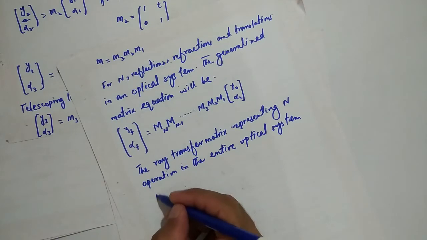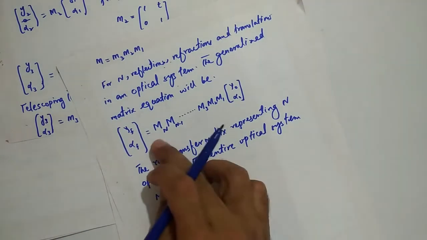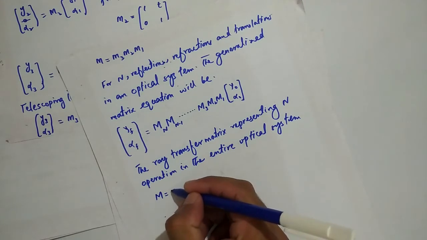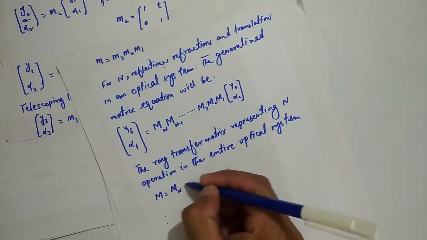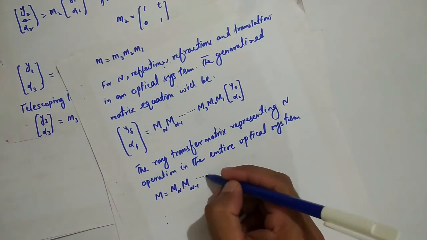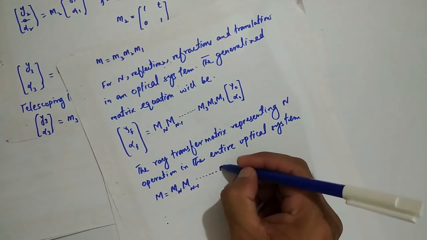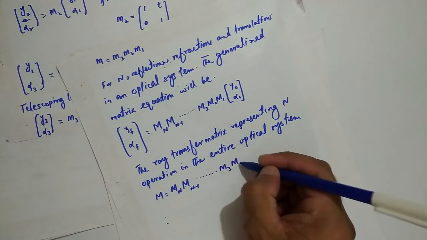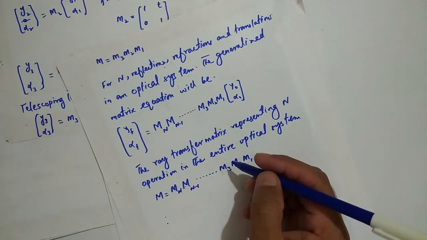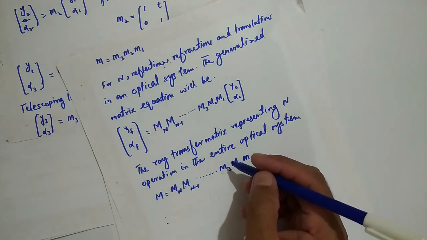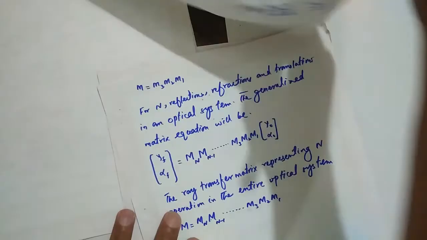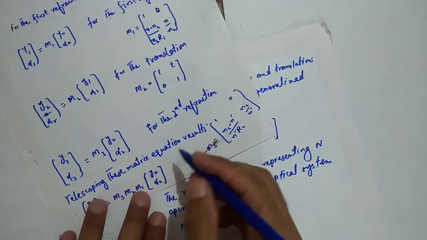So that will be M is equal to, simply by multiplying these matrices, M is equal to Mn times Mn minus 1 times and so on, this is M3 M2 M1. So this is, let's suppose, equation number 1.